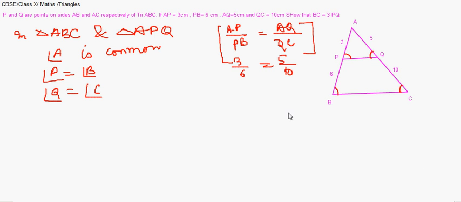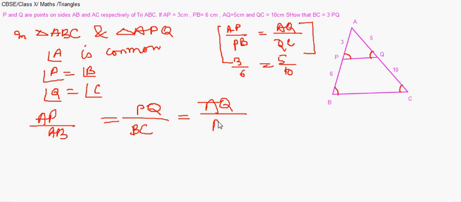Now, once the similarity is proved, we know that if APQ is similar to ABC, then AP by AB should be equal to PQ by BC, and that should be equal to AQ by AC.